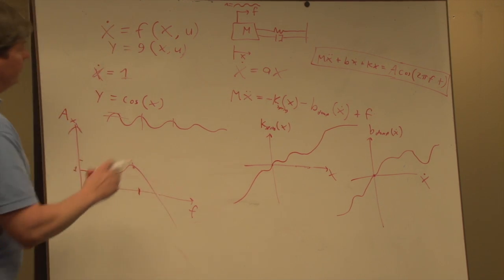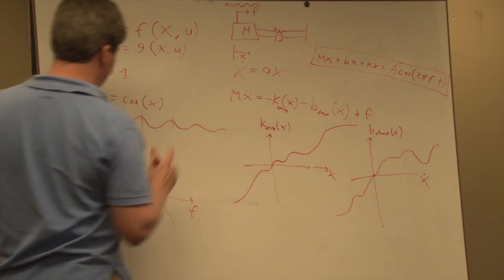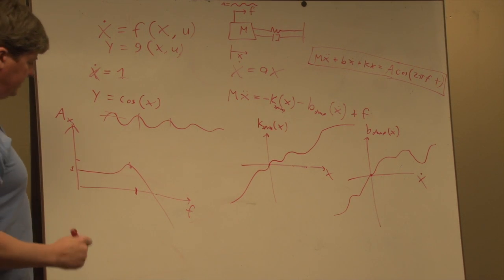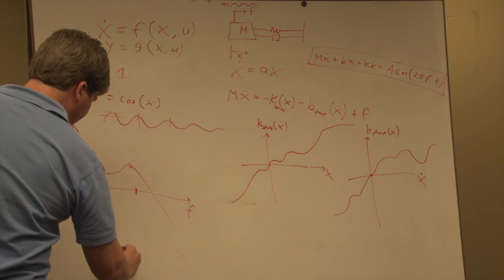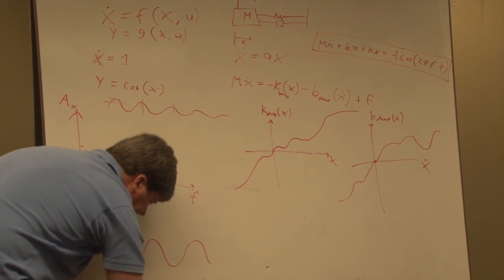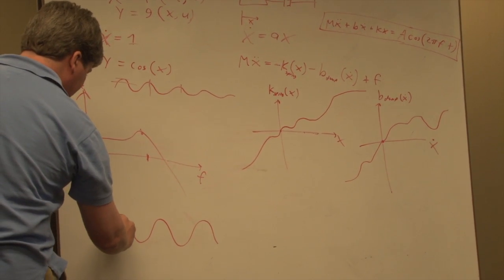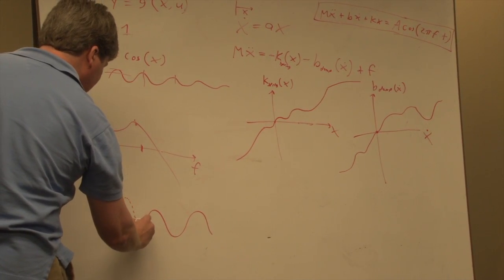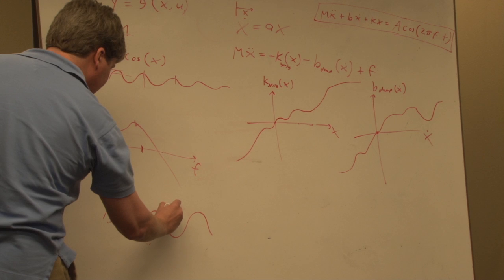Okay? But for a linear system, the input and the output will be the same frequency at steady state. So if F is a certain input like this, then the output will be the same frequency. It might be phase delayed, and it might be amplified or not, but it's going to be the same exact frequency.